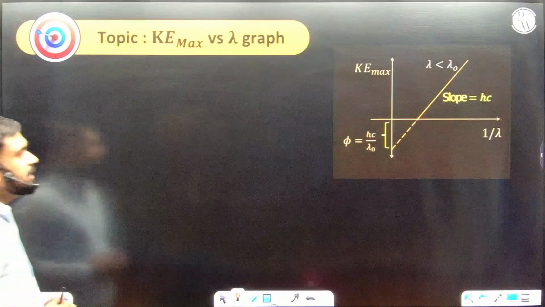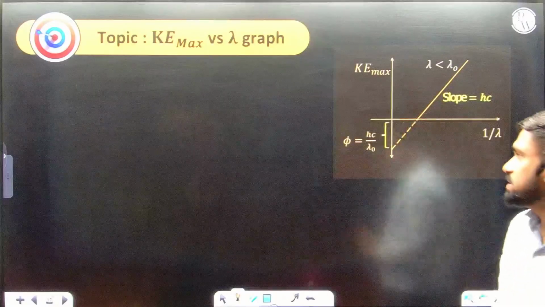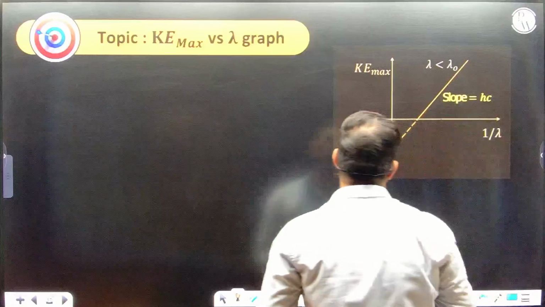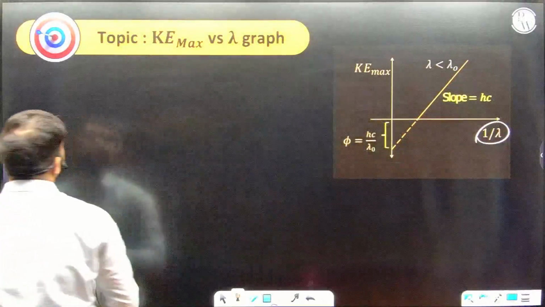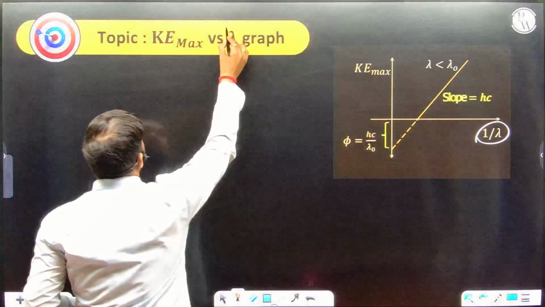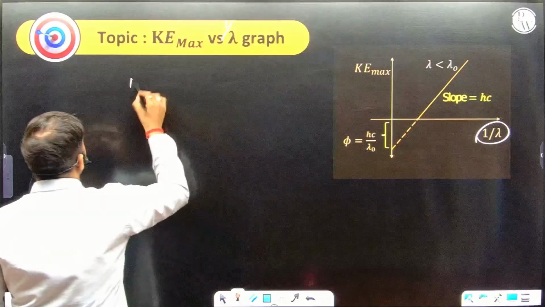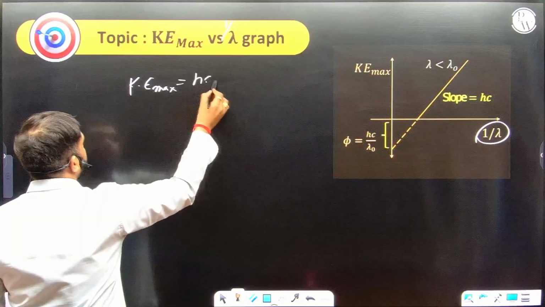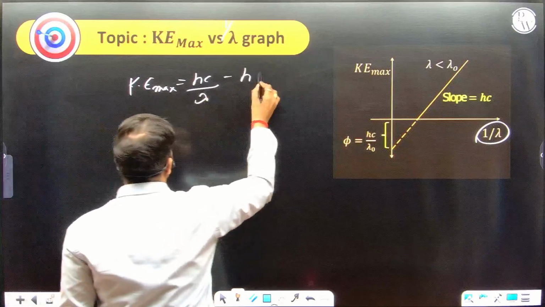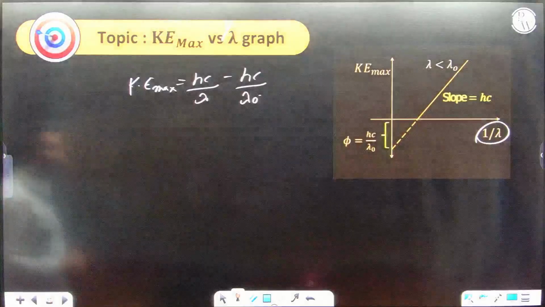In the same way, I can draw the graph of K max versus 1 by lambda. Versus lambda will be a hyperbola, but we have plotted it versus 1 by lambda, which will again be a straight line, using this equation: K max is hc by lambda minus hc by lambda naught.